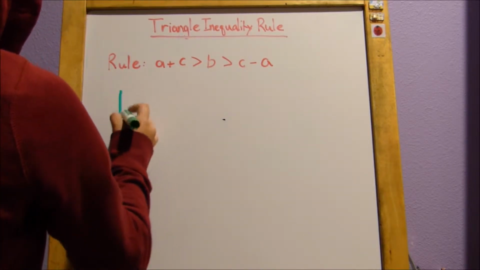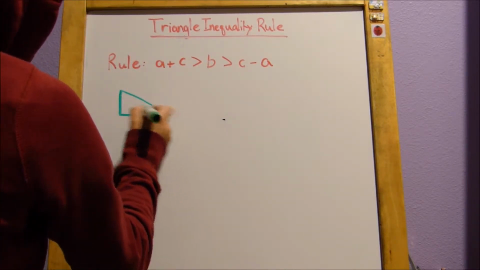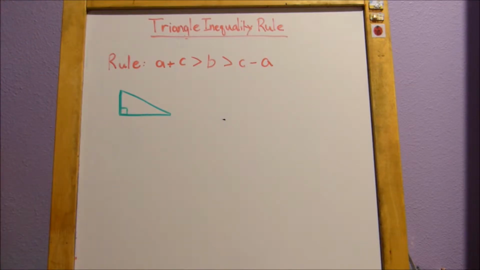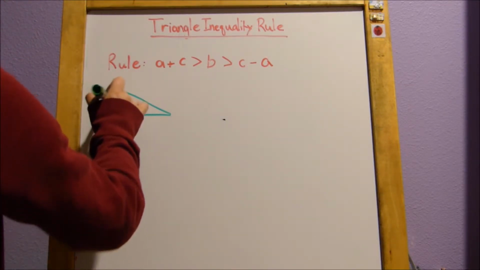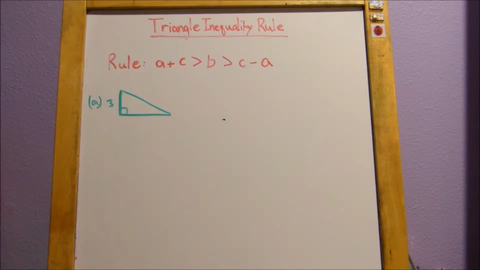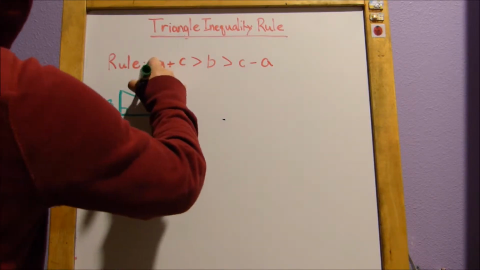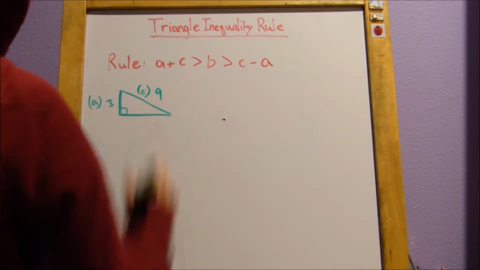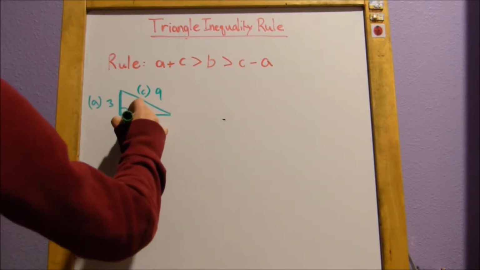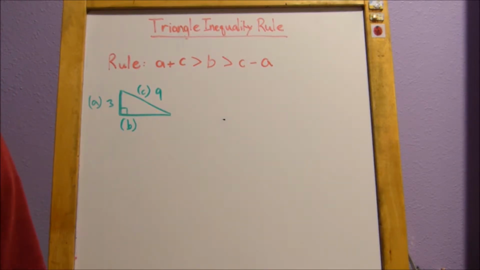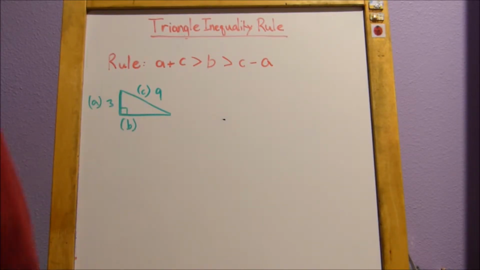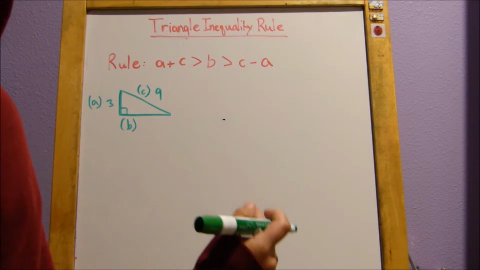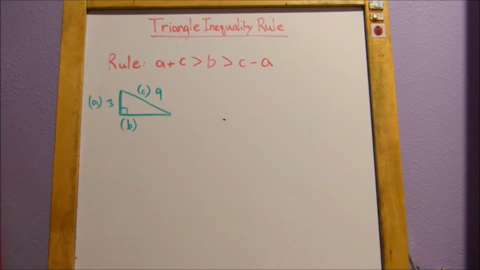So let's say we have this right angle. Let's say that side length A is 3 inches. Let's say side length C is 9 inches. And then we have side length B. With just the length of A and C, we can figure out the range of what B could be, right?